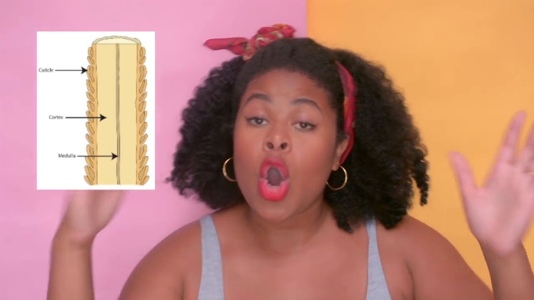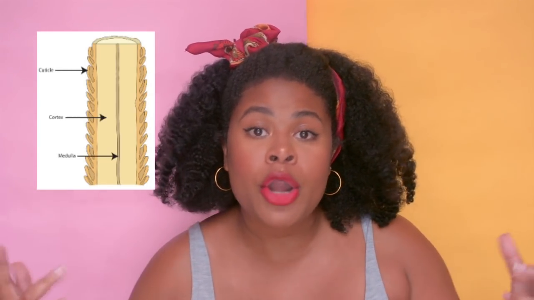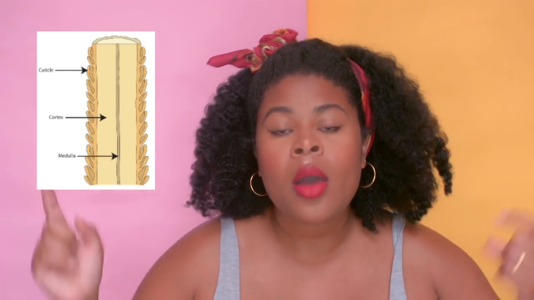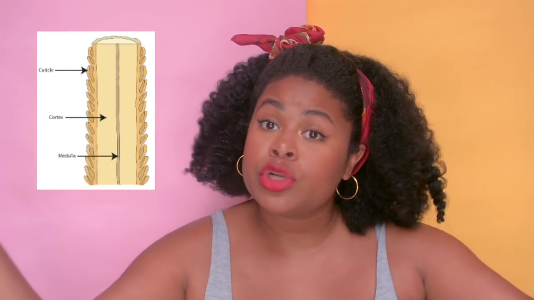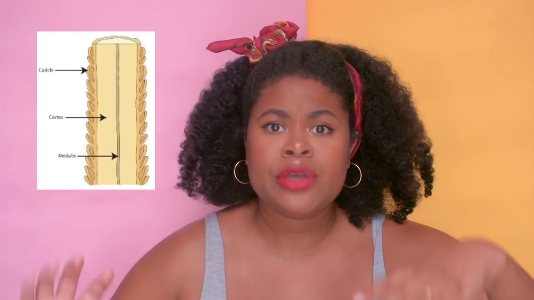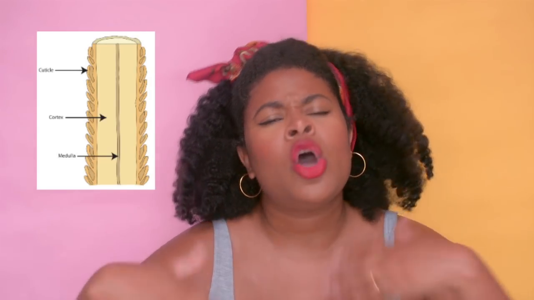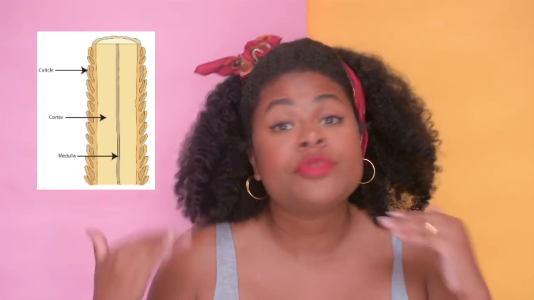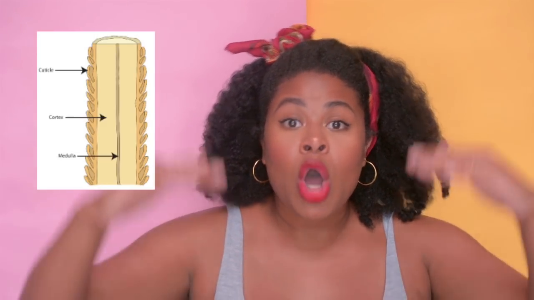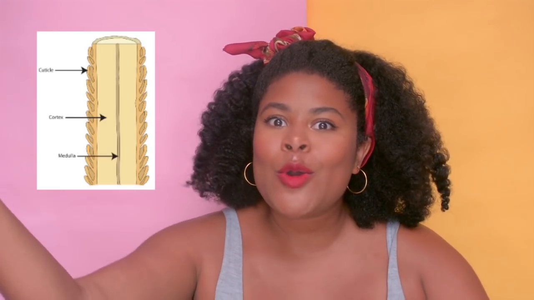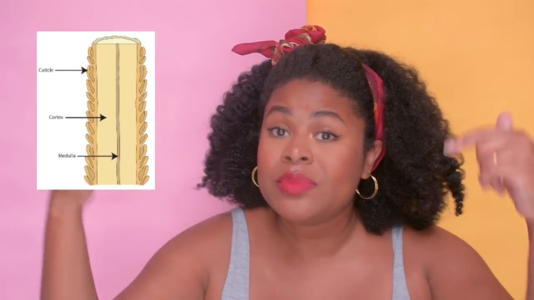When the doors are open, moisture, water can come into the hair strand, but it can also go out. And when the doors are shut, all of the water in the hair strand stays in the hair strand. It does evaporate, of course, but not as easily. But also, when the doors are shut, no other moisture from the environment comes in.